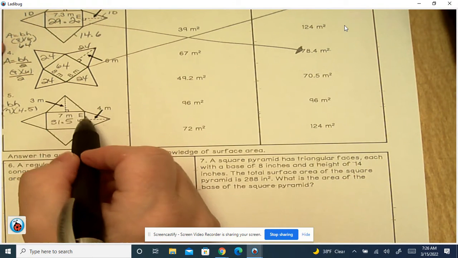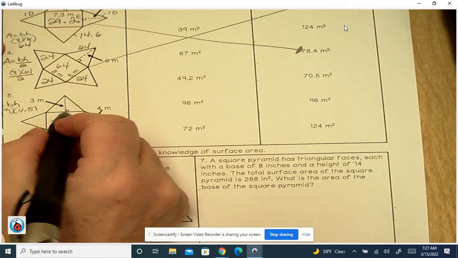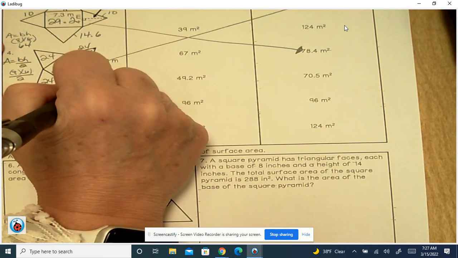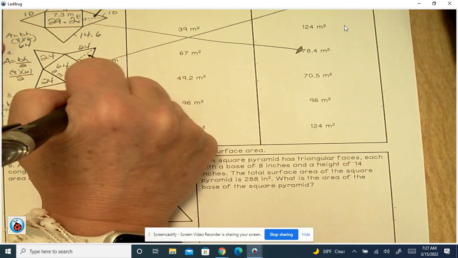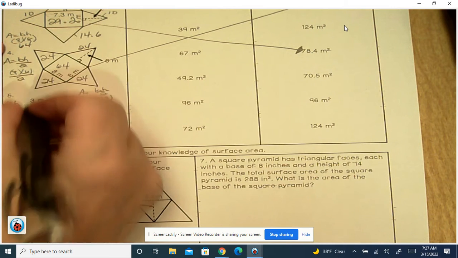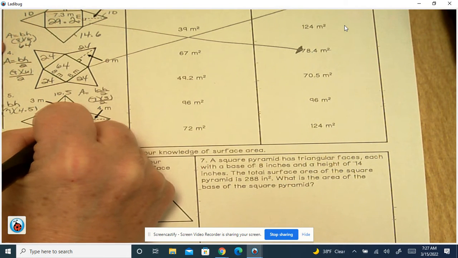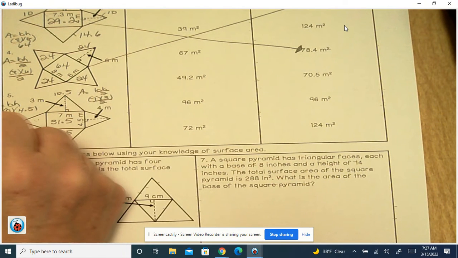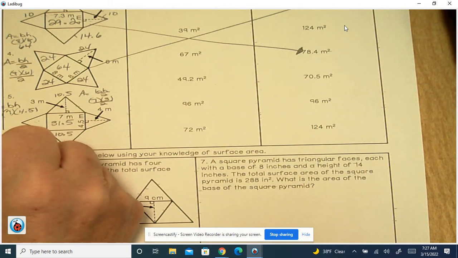And once again, we've got different bases and heights for the triangles. These two would be the same in these two. So here we've got the base times height divided by 2, which would be 7 times 3 divided by 2. And 21 divided by 2 is 10.5. That makes this one 10.5. And then this one, area equals base times height divided by 2 would be 4.5 times 4 divided by 2.